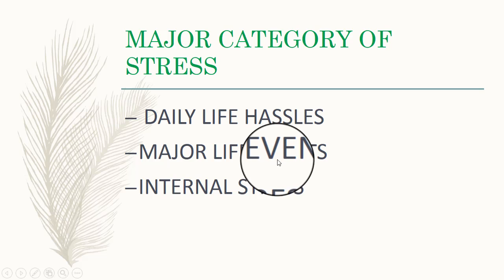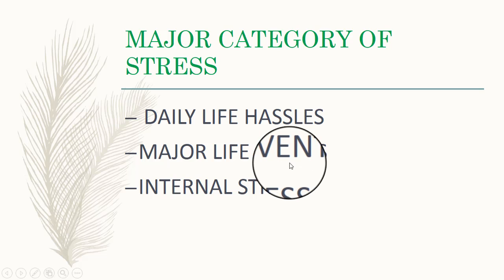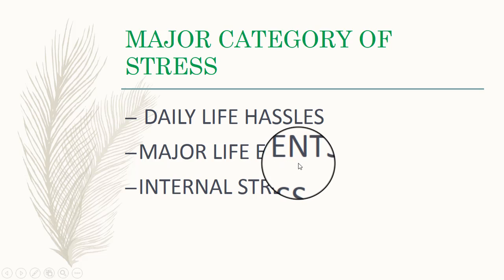Personal crisis may be health issues, death in the family, divorce, or even financial problems. Also major age-related transitions such as marriage, childbirth, career, retirement. These are the examples of major life events. And this was all about major life events.